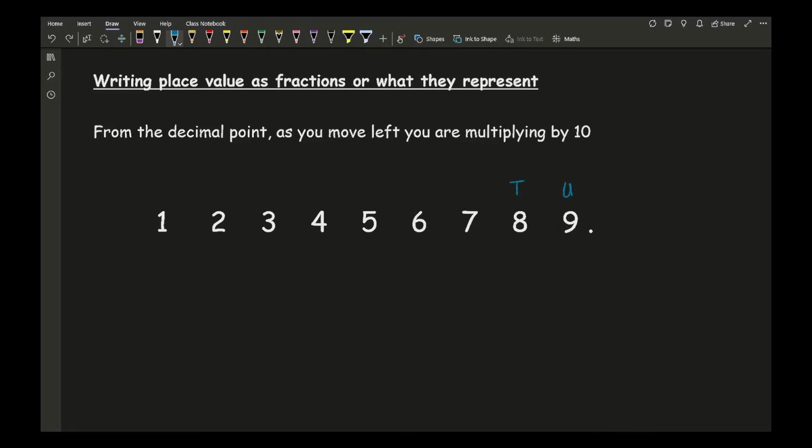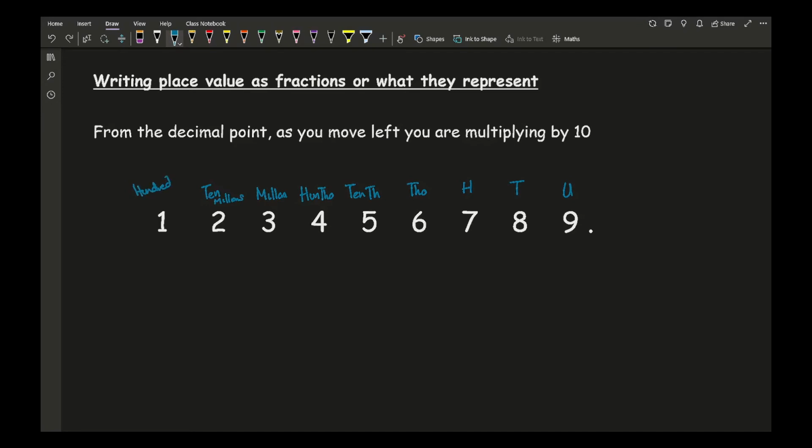Then we've got tens, then hundreds, then thousands, then tens of thousands, then 100,000s, then millions, then tens of millions, and then hundreds of millions. And obviously that pattern continues.